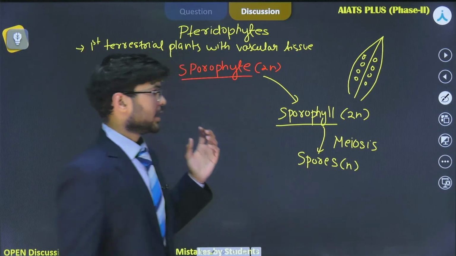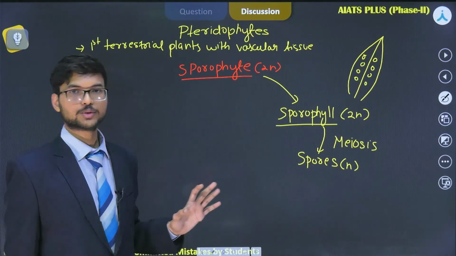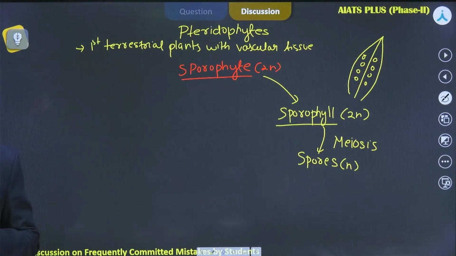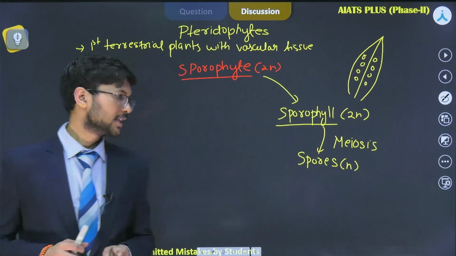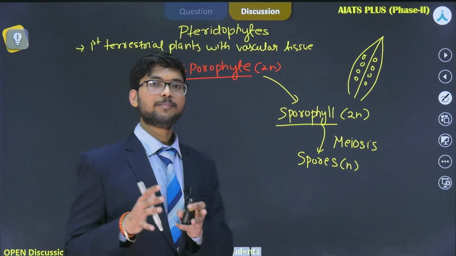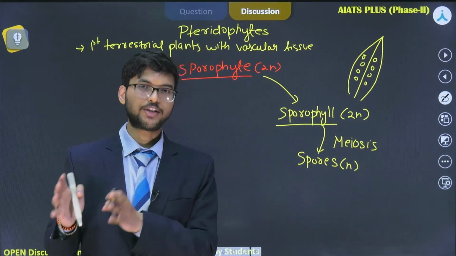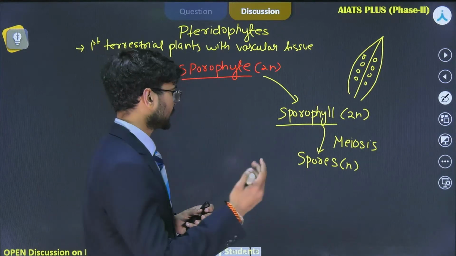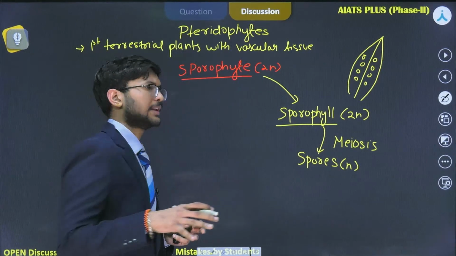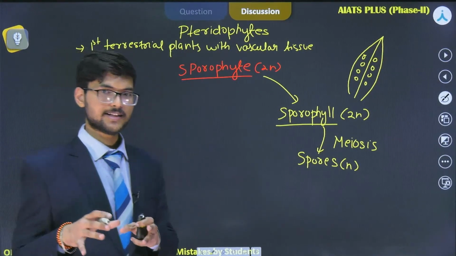Okay, now most of the pteridophytes are homosporous. That means the spores that are formed are of the same morphology or same type, or it can be different, like the heterosporous condition. Most of the pteridophytes are homosporous, but some examples of heterosporous pteridophytes are Selaginella and Salvinia.